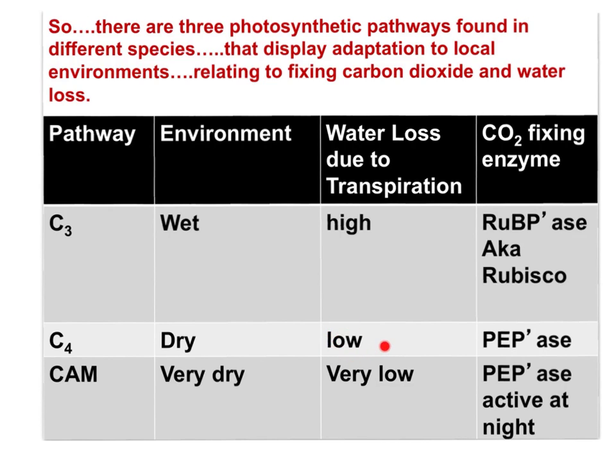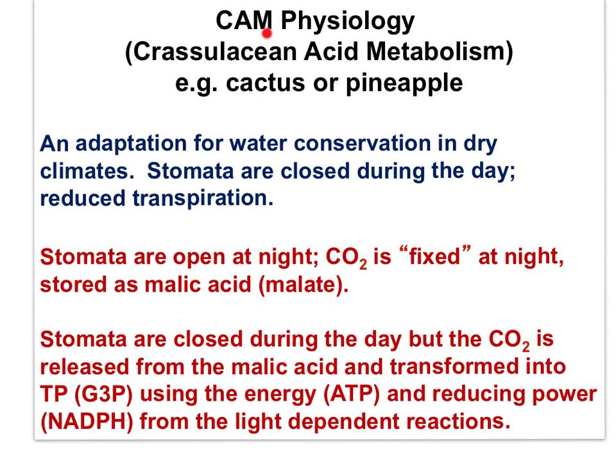This reduces water loss, and these plants are well adapted to dry environments. And then there is the CAM physiology. CAM physiology, crassulacean acid metabolism physiology, is an adaptation for water conservation in very dry climates.